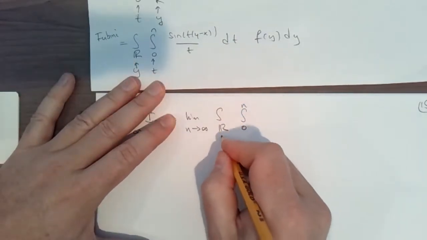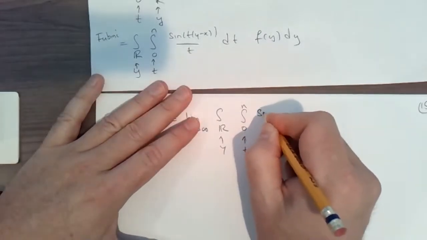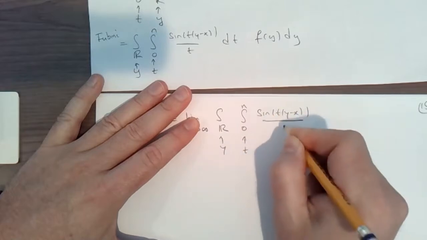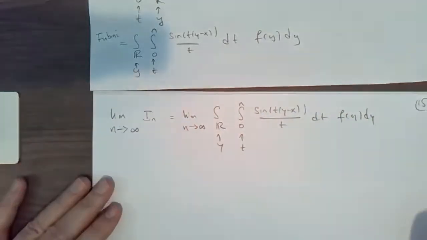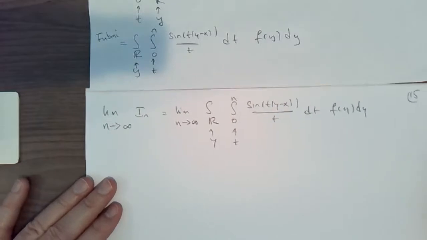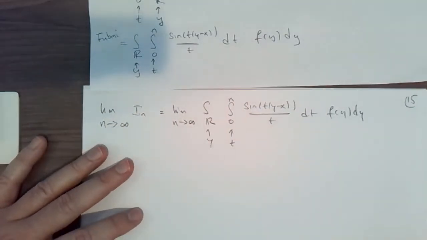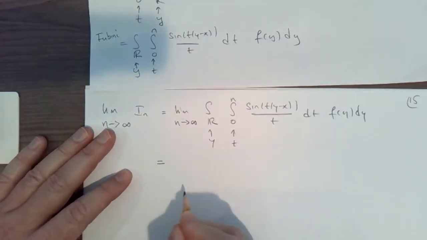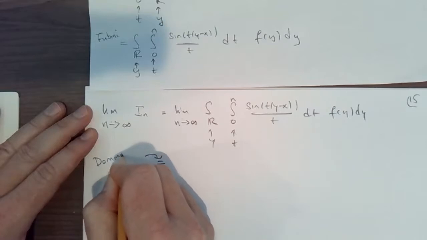Again, this here is my y variable, this here is my t variable, of sine t(y minus x) divided by t dt f of y dy. If we could pull that limit inside, we're ultimately going to see this using dominated convergence.